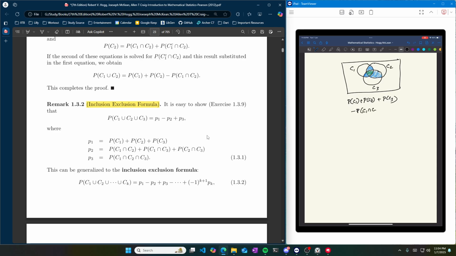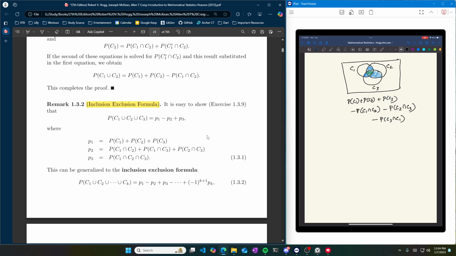So visually, C1 intersection C2 would be this portion. This whole portion we are removing, right? Similarly, we have to remove C2 intersection C3. Similarly, we have to remove C3 intersection C1.